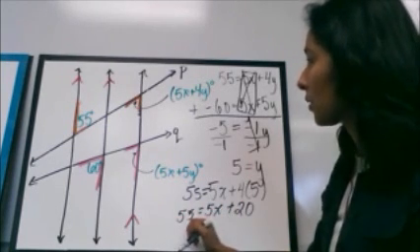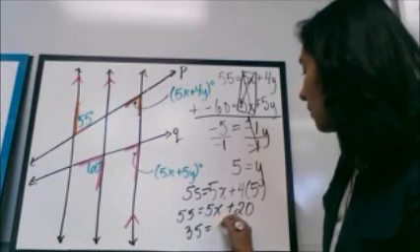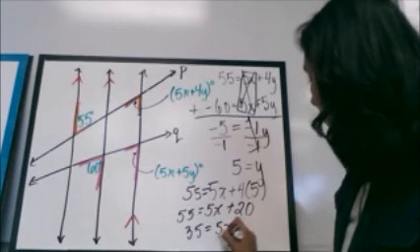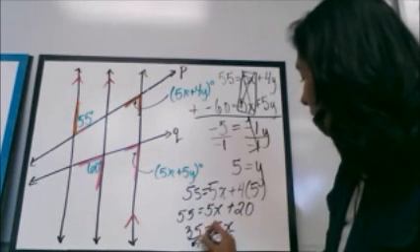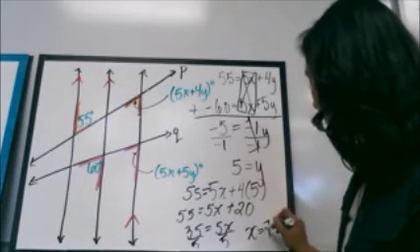You subtract 20 from both sides, you get 35 equals 5x. Divide both sides by 5. We get x equals 7.